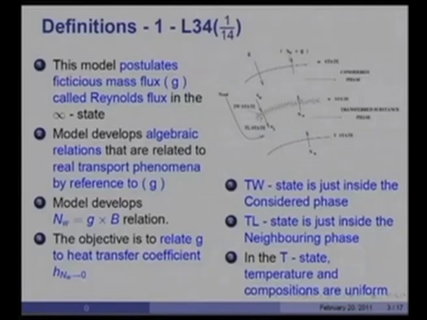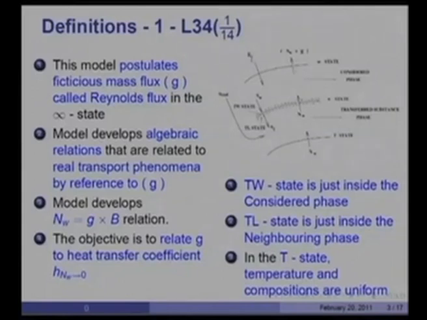On the other hand, the Nw plus G flux is again postulated at the infinity state, but it carries with it values of the W state, the upstream values, if you like, likewise upstream values in this direction. This is a very important distinction between the two fluxes defined.